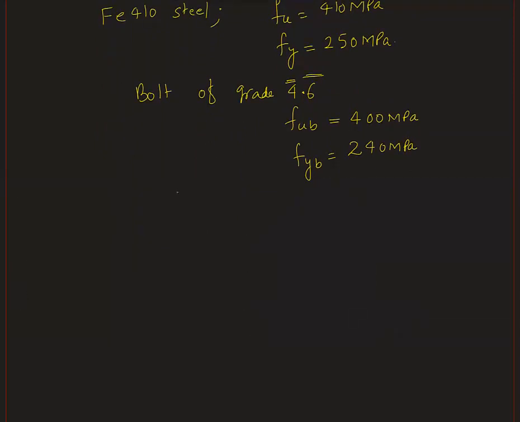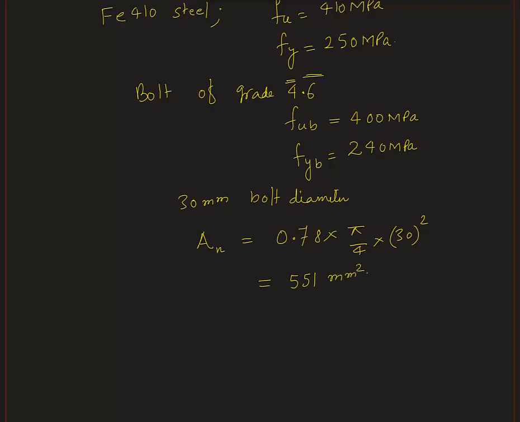Now we have been given the bolt diameter, so we can calculate the area of the bolt. So the bolt diameter is 30 mm. This means the net area of the bolt, that is 78% of the gross area, that is pi by 4 times 30 squared in this case, is equal to 551 millimeter square.